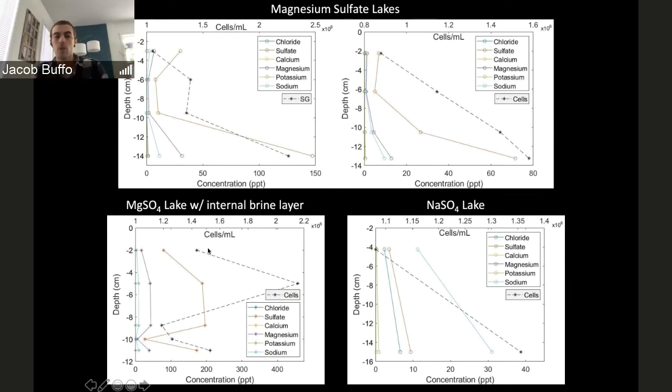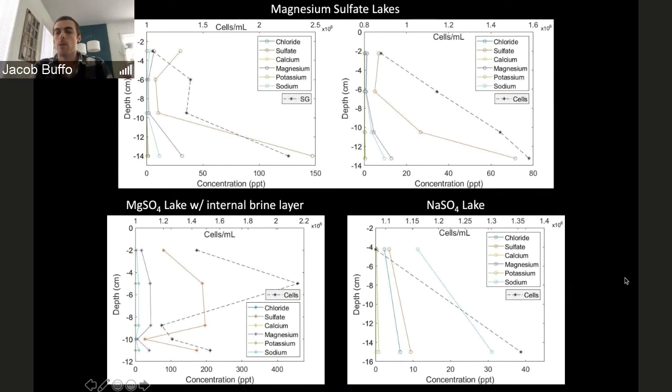And so you can see this huge spike in this region in the center of this ice core, basically in the cells and the ion chemistry where this was melted out. That basically just shows that when you have that fluid availability, it's going to be populated by cells, even if it's in the middle of an ice core or something like that.